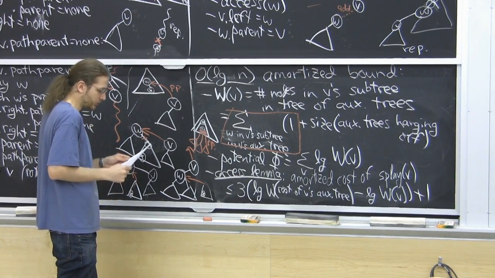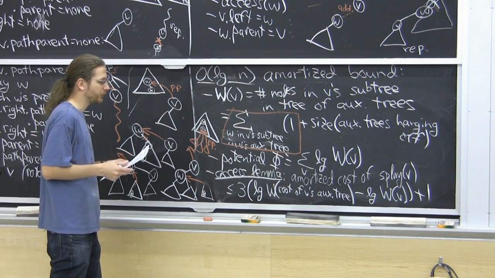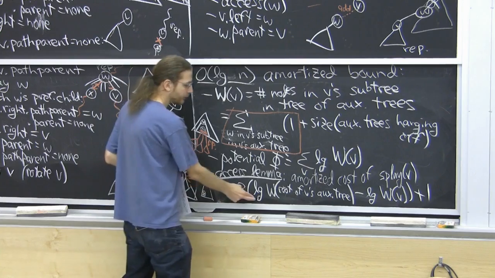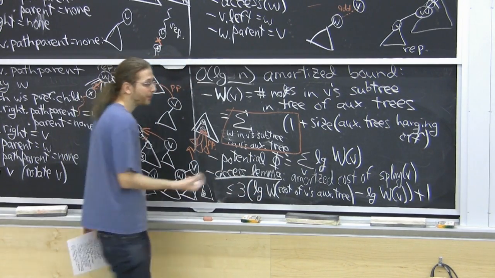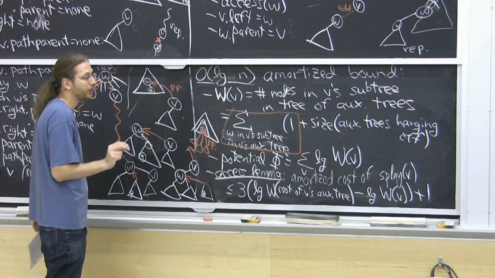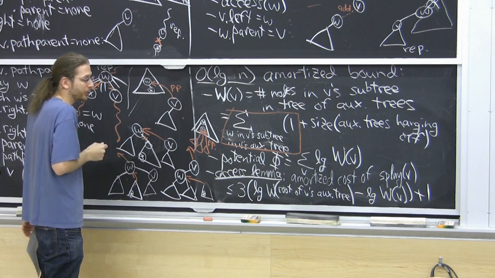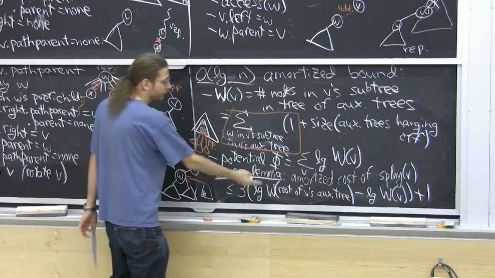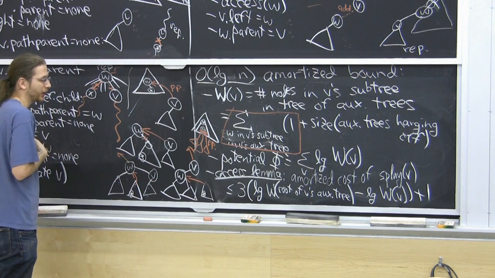And you argue that every time you do such an operation, you pay 3 times log of W of V after the operation minus log of W of V before the operation. So you just see how W of V changes when it goes up after you do the splay operation. And it turns out it's at most 3 times log of that. And it has to do with concavity of log and others, just basic checking.